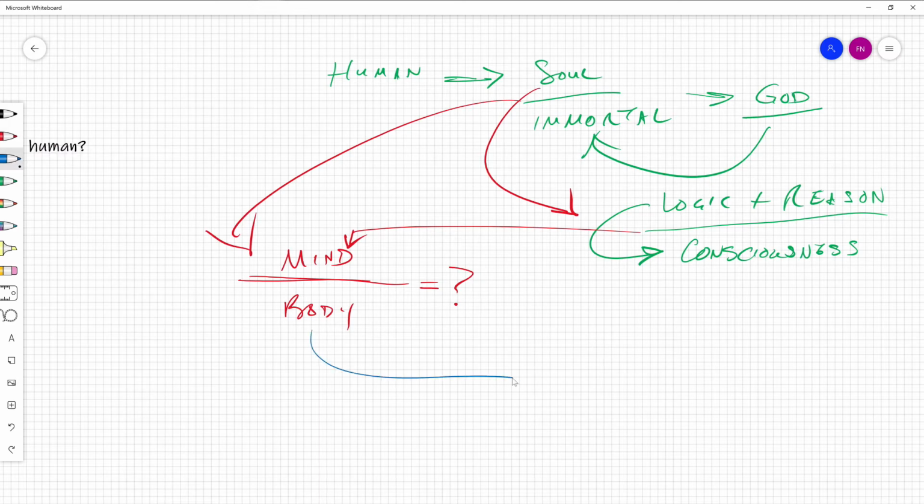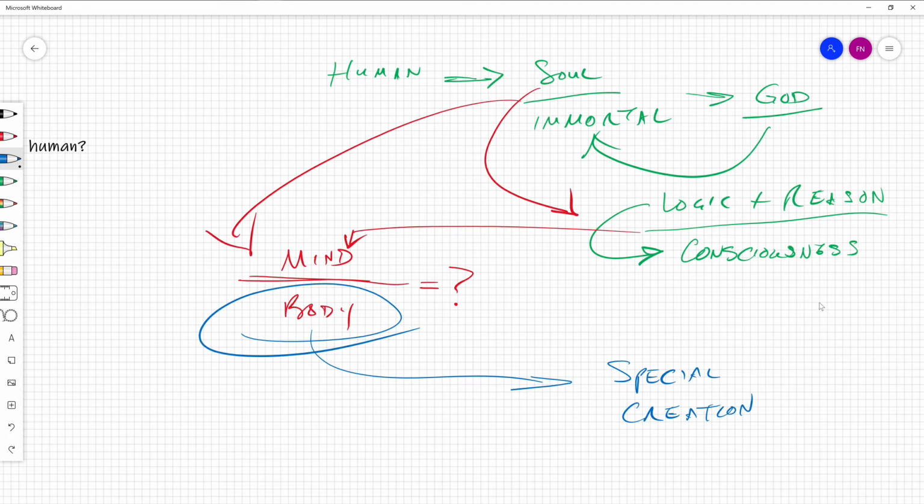Ultimately, by the 15th century, this will become part of a concept called special creation. Which is, even though humans have a body, and that body is the link to the physical created world, there is something fundamentally different, something which distinguishes all humans from all other life forms. And that is, of course, the mind.